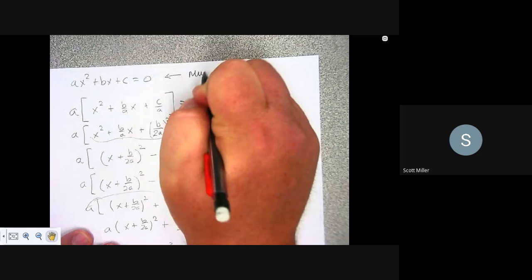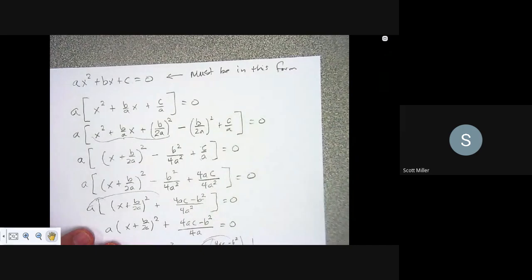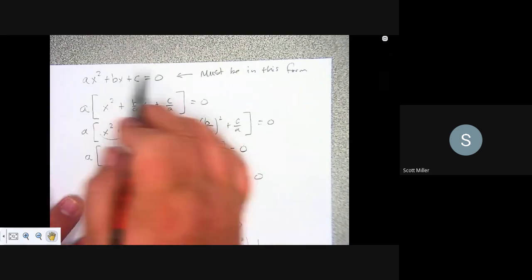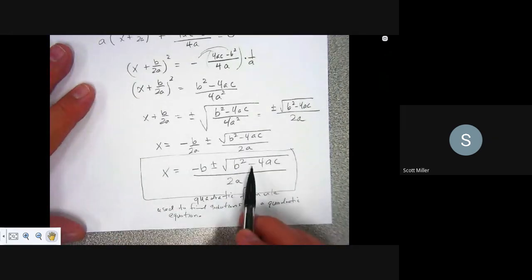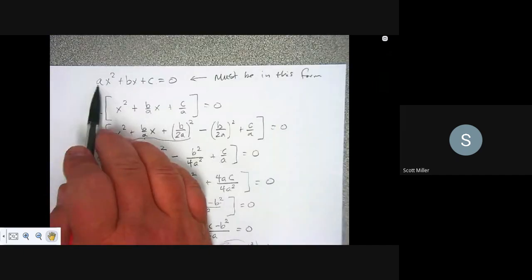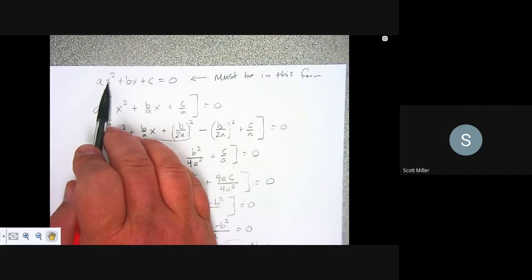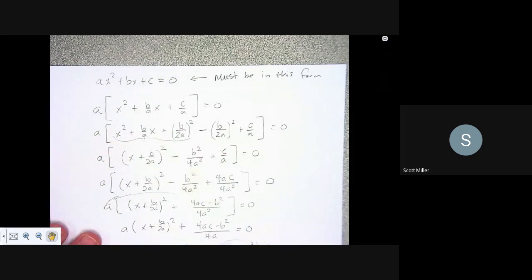It must be in this form. So in other words, you cannot use the quadratic formula for any other form unless it is a quadratic equal to 0. If I have this, then I can find the solutions using this formula where a, b, and c are the coefficients of each term. A is always the coefficient in front of the x squared, b is the coefficient in front of the x, and c is always the constant.